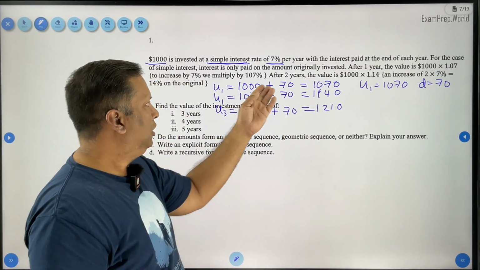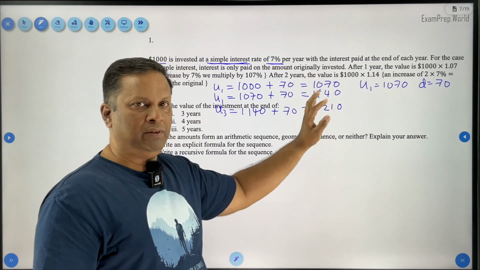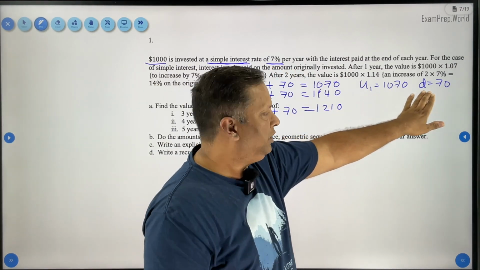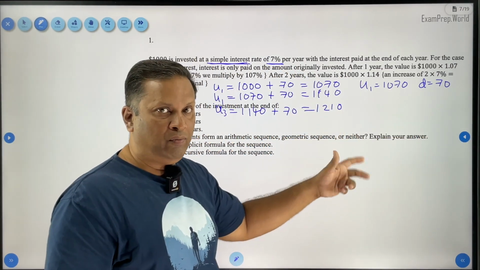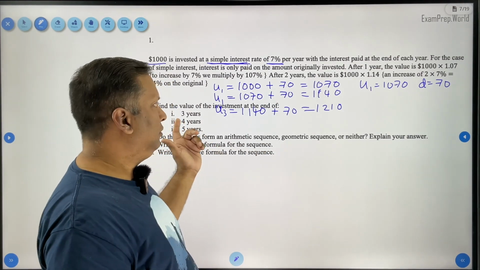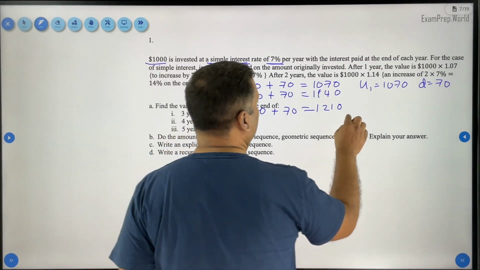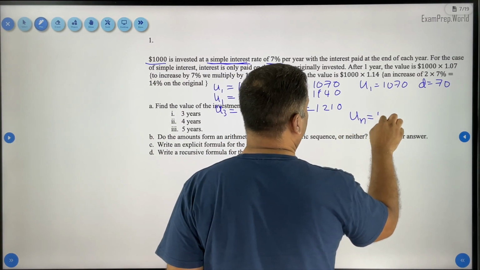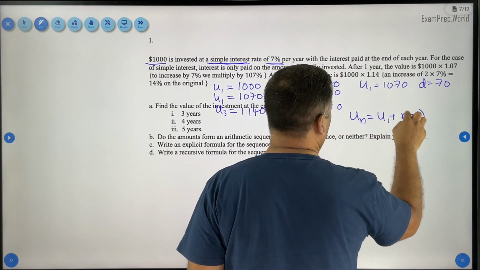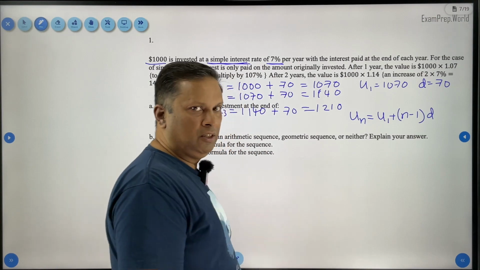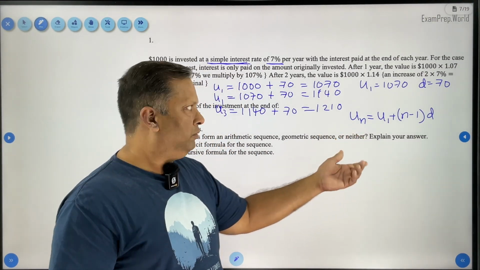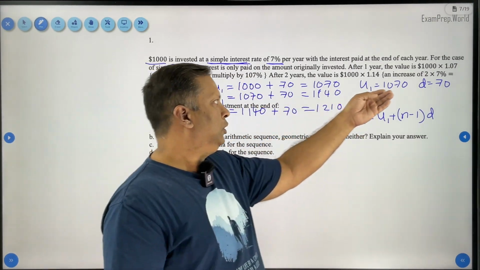At the end of the first year it was already 1,070 and the interest is 70. With this, you can find the amount at the end of any year. What is the general formula? Un is equal to U1 plus n minus 1 times d. This is the general formula for an arithmetic sequence.